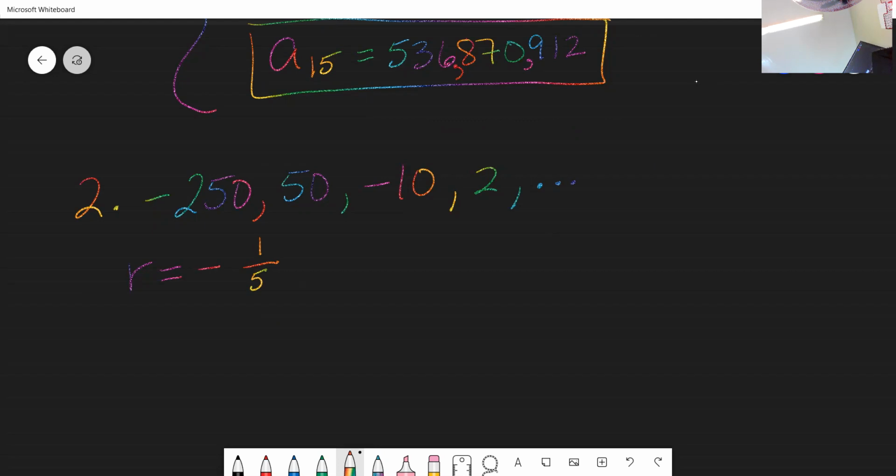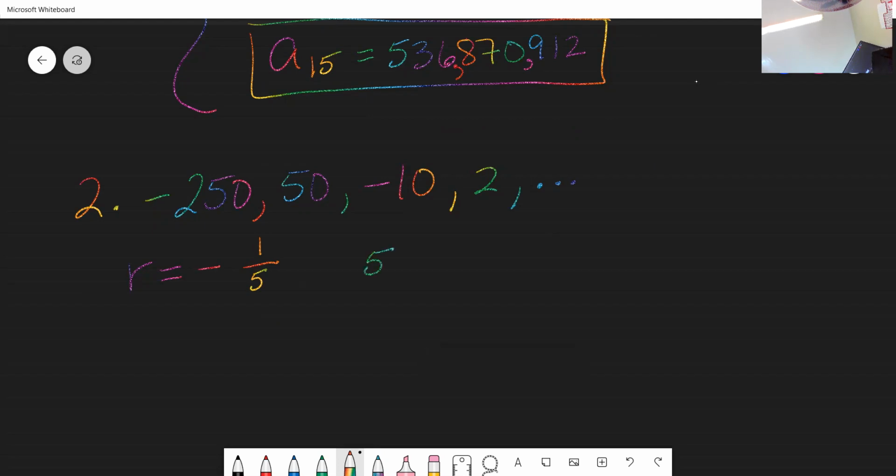So what you need to understand when you look at this is that the alternating negative and positive means you're going to have a negative ratio, and the fact that it is decreasing in value means you're going to have a fraction, because 50 is a fraction of 250. Let's actually do the math for that though.